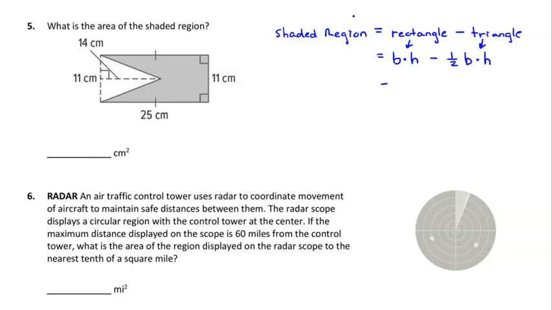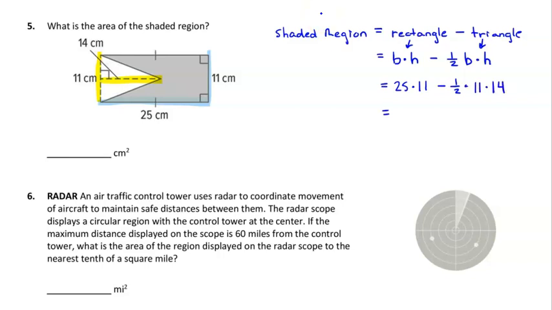All right, so the base of our rectangle is 25, and the height of our rectangle is 11. So that's 25 times 11 minus 1/2, and then the base of that triangle is 11, and the height is 14. So that's going to be times 11 times 14.